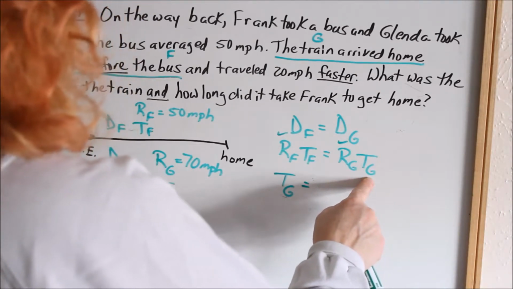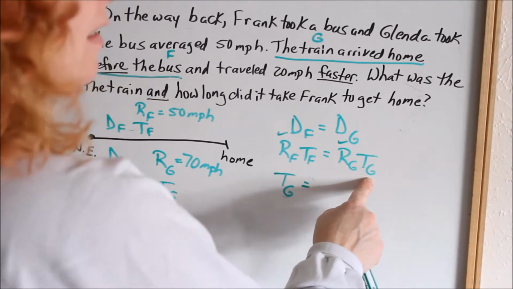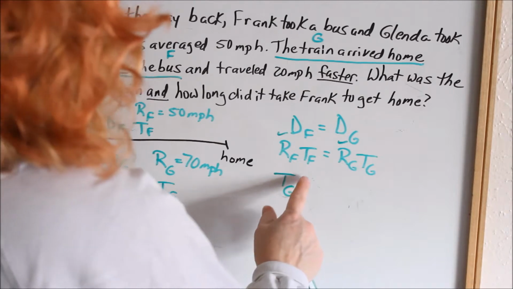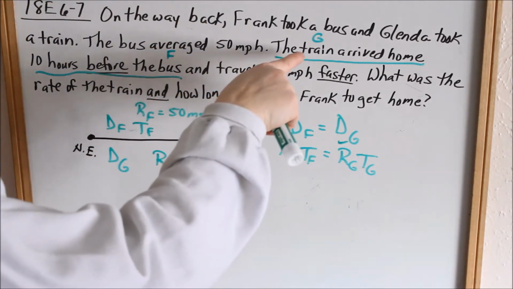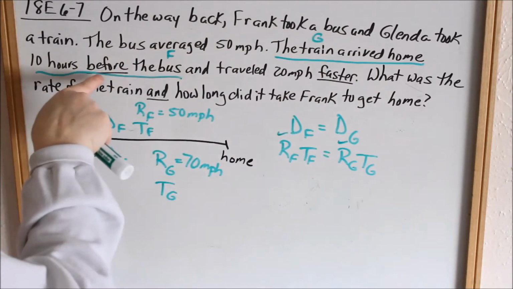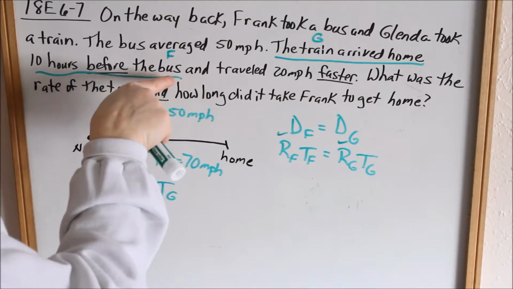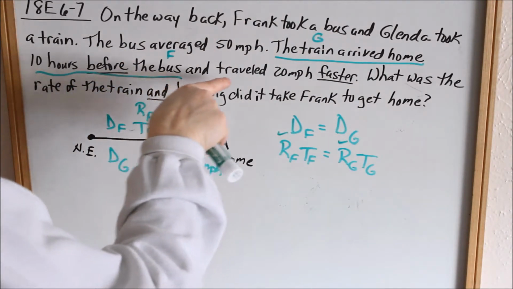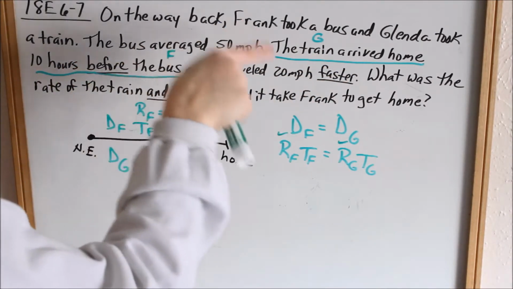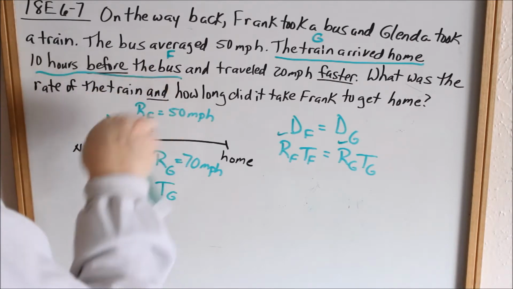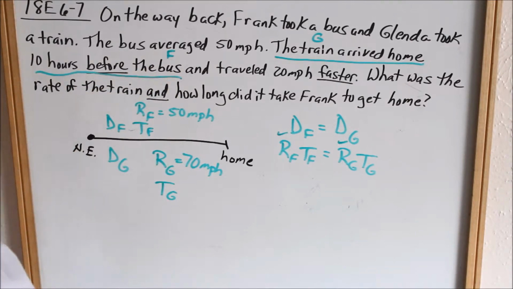We get our second equation from the information on the time of the train. So here, the train arrived home 10 hours before the bus. So if the train arrived home 10 hours before the bus, it means the train took less time, the bus took more time, okay?